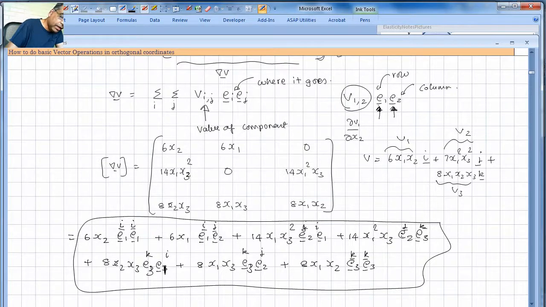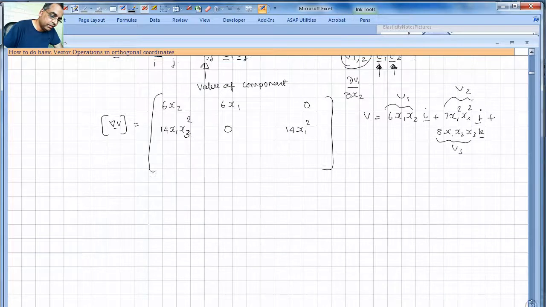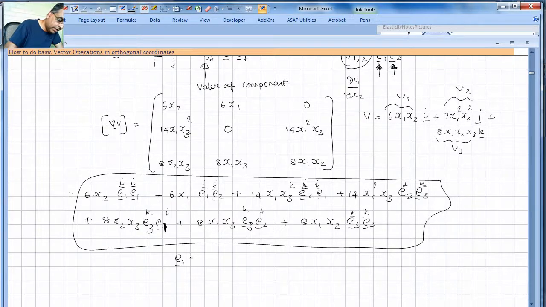So you can replace it with the appropriate notation. Some people will also write it as e1 tensor product e1, like that. This is called a tensor product. Instead of doing a dot product, which is row times column, they are doing column times row.